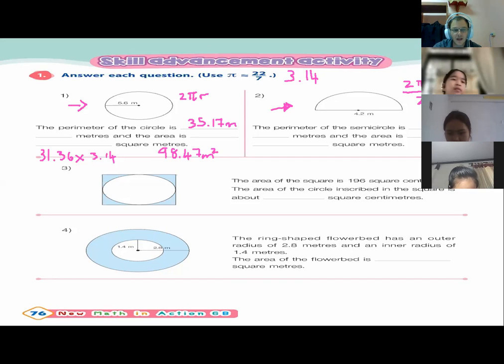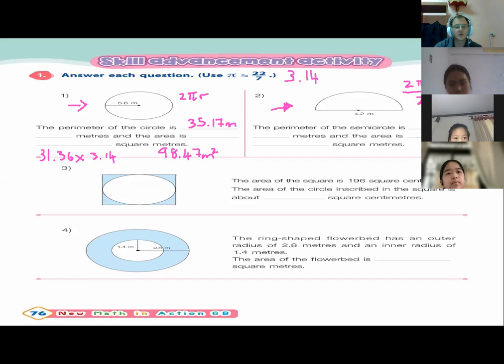And what about the area? It's going to be pi radius squared divided by 2 to get the area of a semicircle. Okay. So we know the radius is 2.1 times 2.1 multiply 3.14 divided by 2.